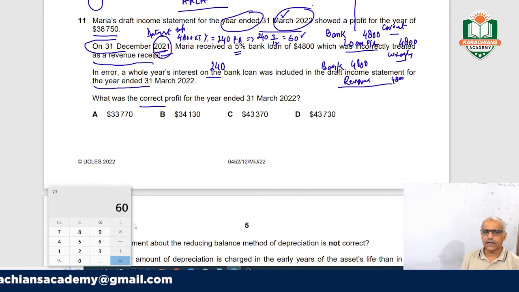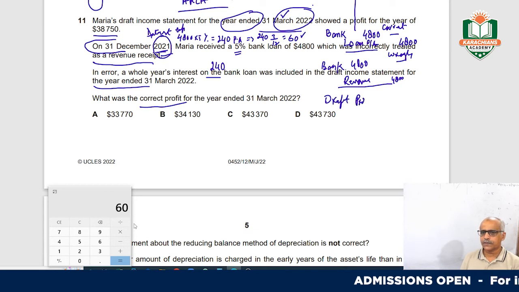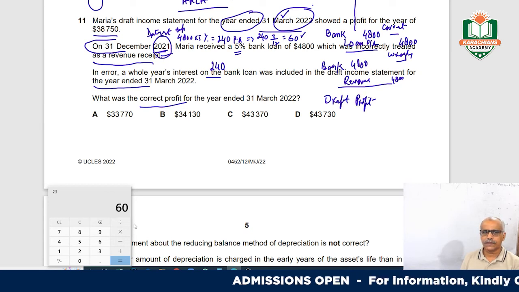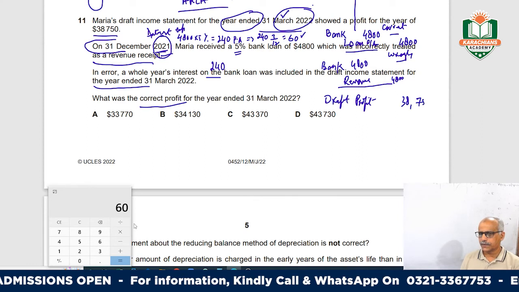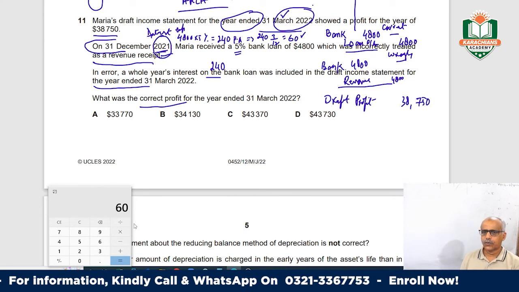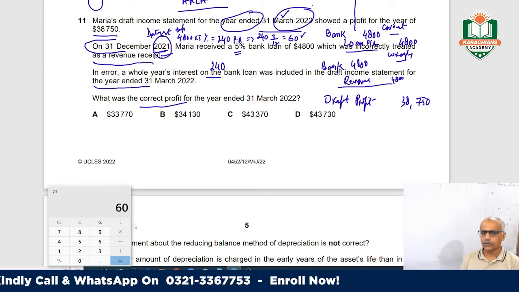So what was the correct profit? The draft profit is 38,750.